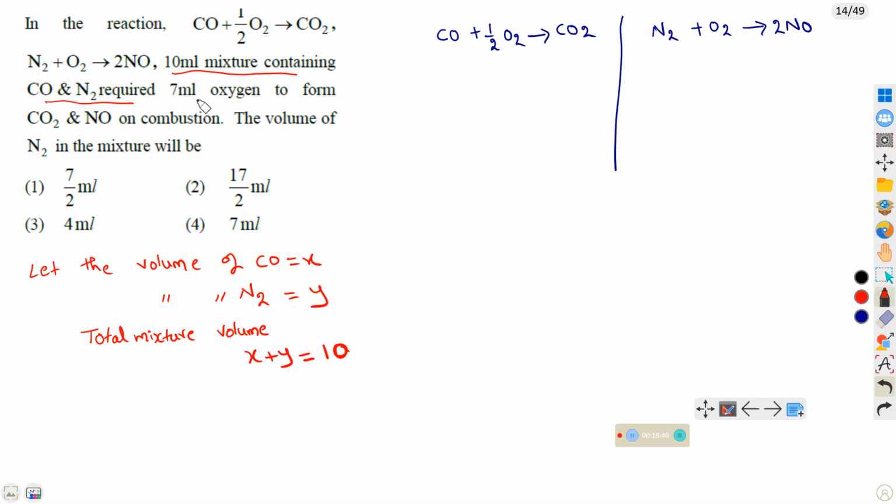Now read the question. 7 ml oxygen to form CO2 and NO on combustion. The volume of N2 in the mixture will be. Okay. Now oxygen required.